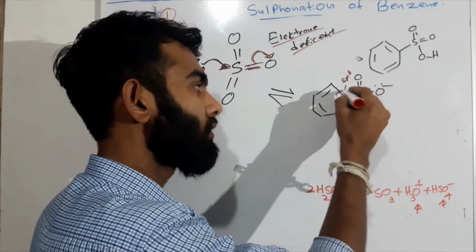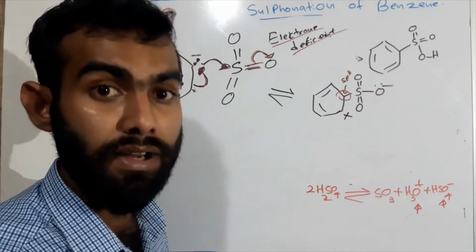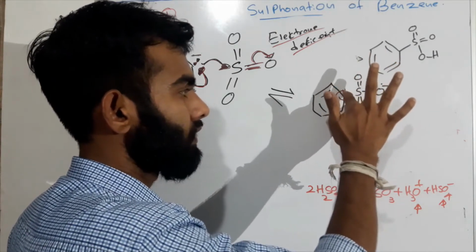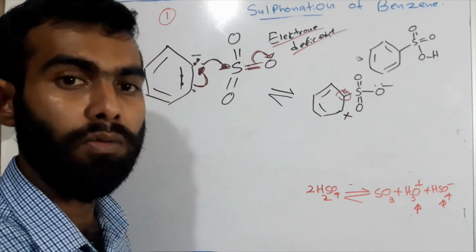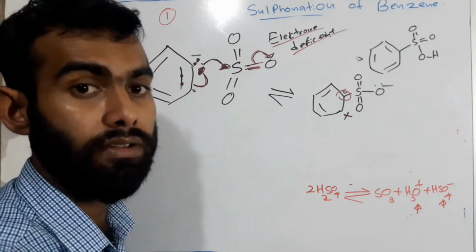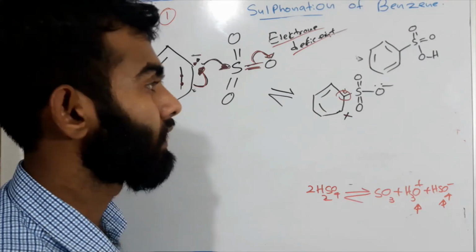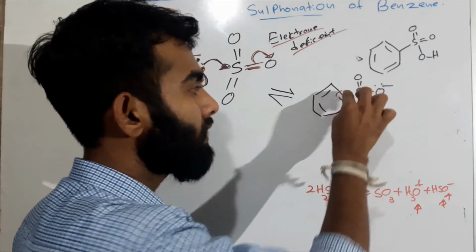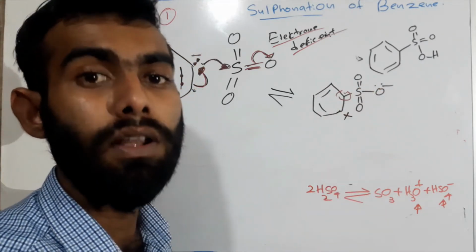Because this 1 carbon is sp3 hybridized, it will lose its planarity, so it will be a non-aromatic compound. However, benzene wants to regenerate its aromaticity. So what happened? It can't become aromatic all alone.